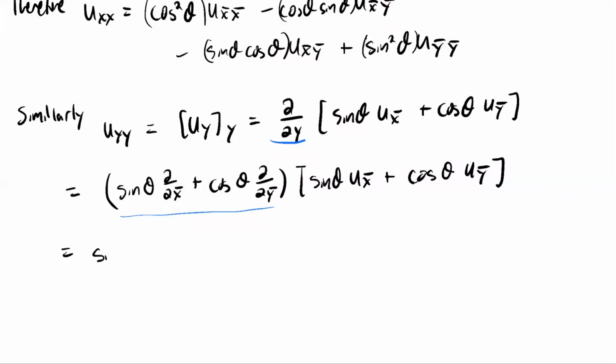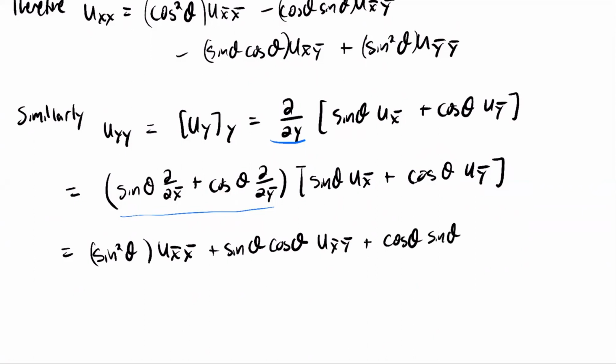So this ends up being sine squared theta u_x bar x bar plus sine theta cosine theta u_x bar y bar, which comes from distributing the first term using the linearity. Then I distribute the second term, so I get plus cosine theta sine theta u_x bar y bar, and finally plus cosine squared theta u_y bar y bar.